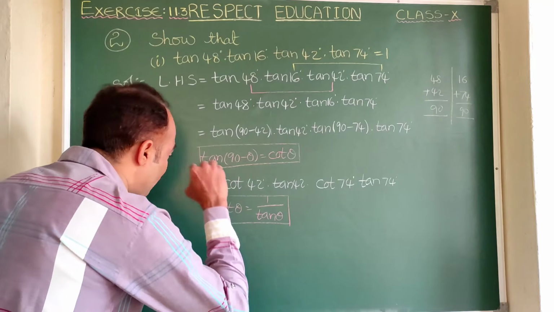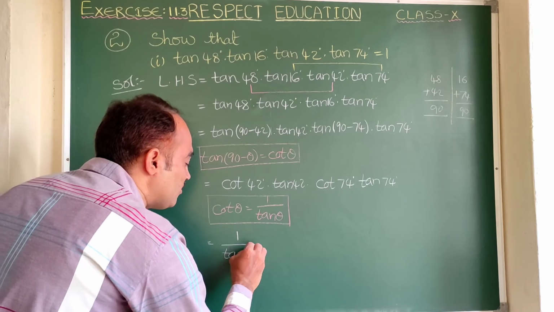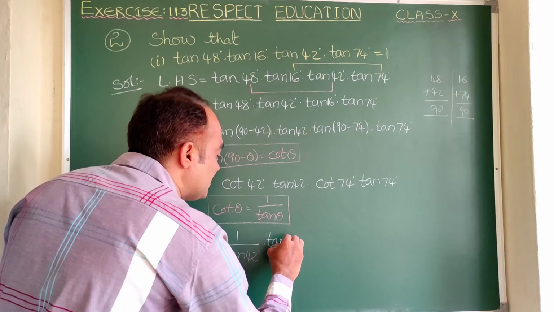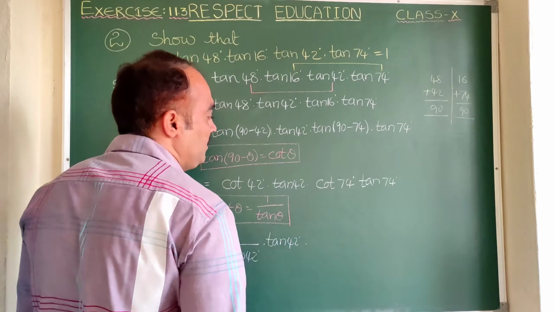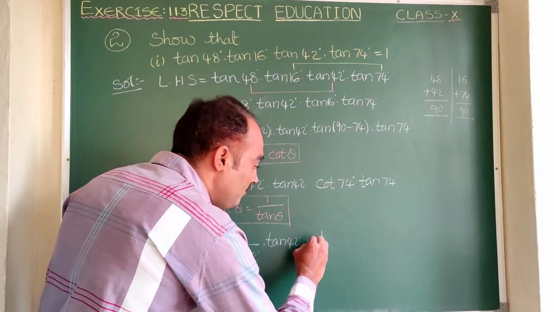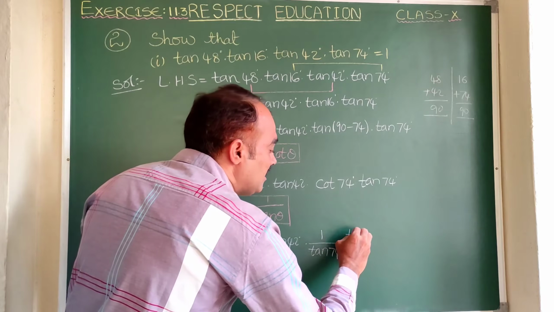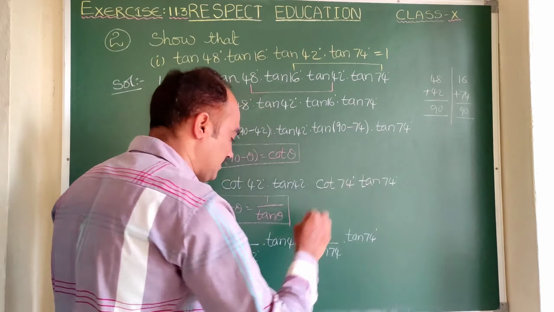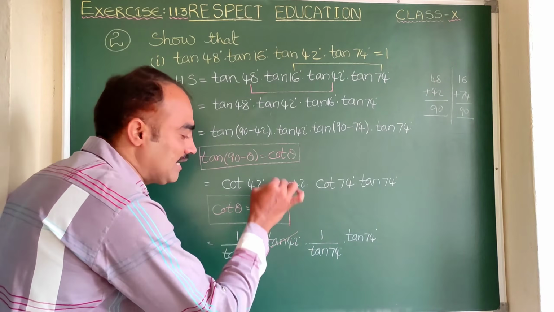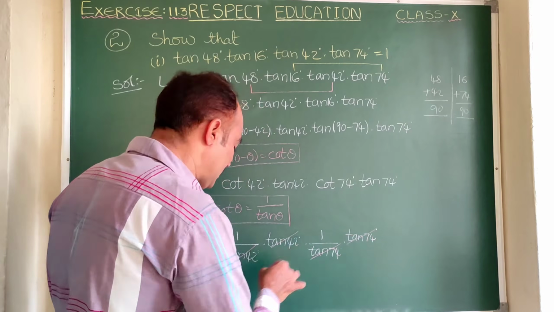Based on this formula, let us change cot theta in terms of tan theta. So you tell me, what is cot 42 degrees? 1 by tan 42 degrees into tan 42 as it is, into, same, cot 74 degrees can be written as 1 by tan 74 degrees into tan 74 degrees as it is. Now this tan 42 degrees gets cancelled. Same way, tan 74 degrees and tan 74 degrees also get cancelled.